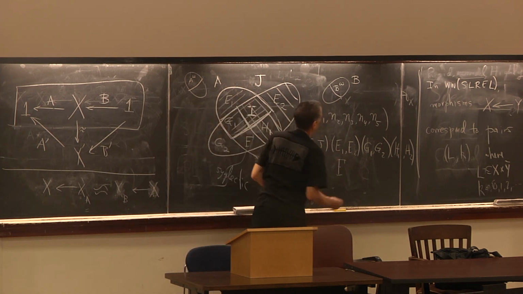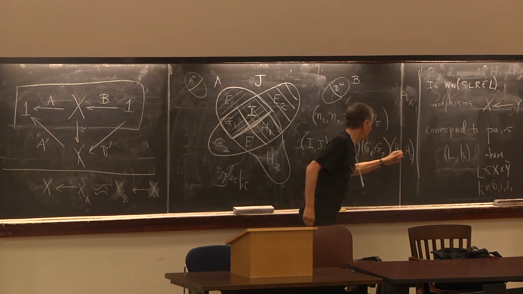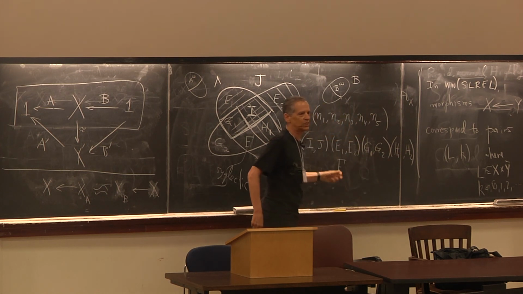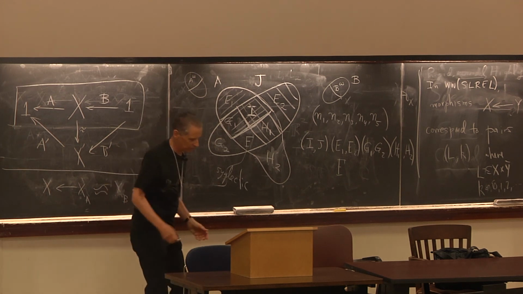Here they're complementary Lagrangians. Here one is Lagrangian and the other is the whole space. Here it's the other way around, and here both coisotropics are the whole space. And the dimensions of these form a decomposition.